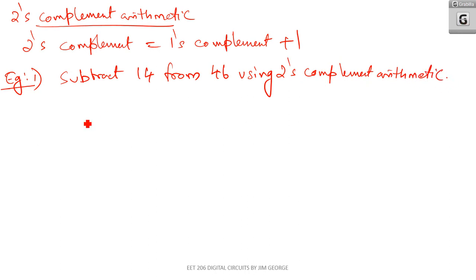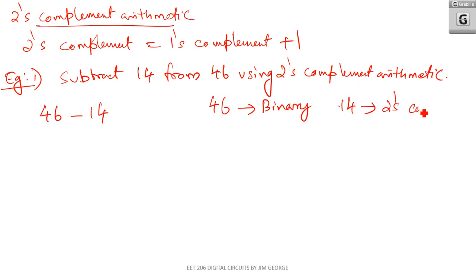Okay. So you need to find 46 minus 14. Here what you have to do is write 46 in binary form, and 14 you need to write in 2's complement form.